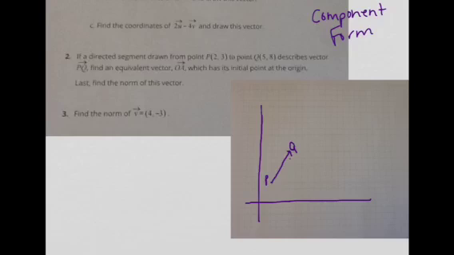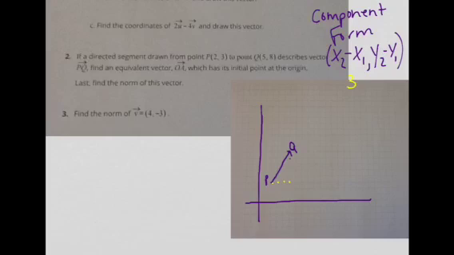So how we set it up in component form is we take the second x and subtract the first x, and take the second y and subtract the first y, which is very much like finding the slope, okay? So I'm basically saying from P to Q, what do I have to do with my x's? When I subtract my x's, I go 5 minus 2, so I'm going over 3, right?